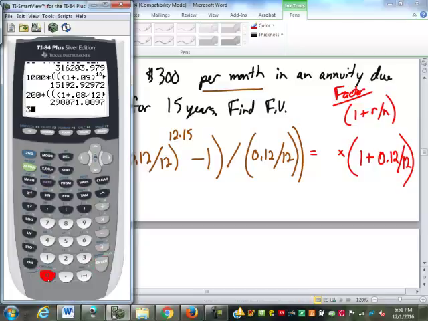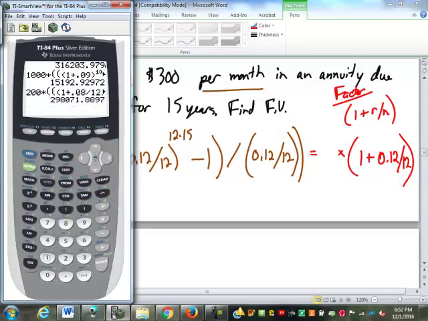So we're at 300 times, parentheses, 1 plus 0.12 divided by 12, close. Power of 12 times 15 is 180. Arrow up, minus 1, close. Divide by, open, 0.12 divided by 12, close and close.